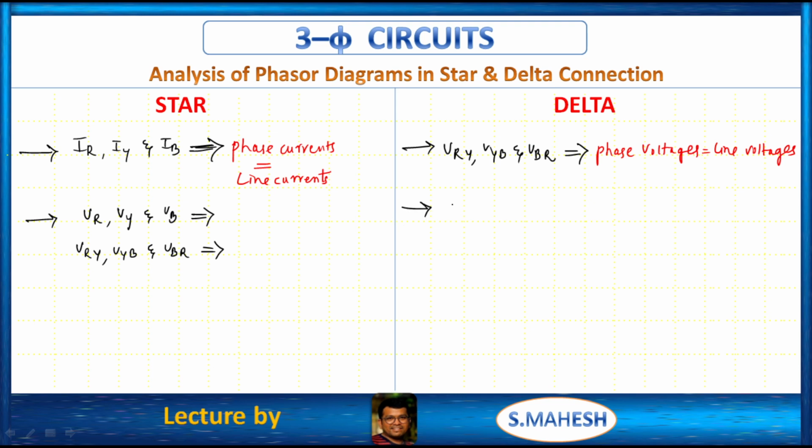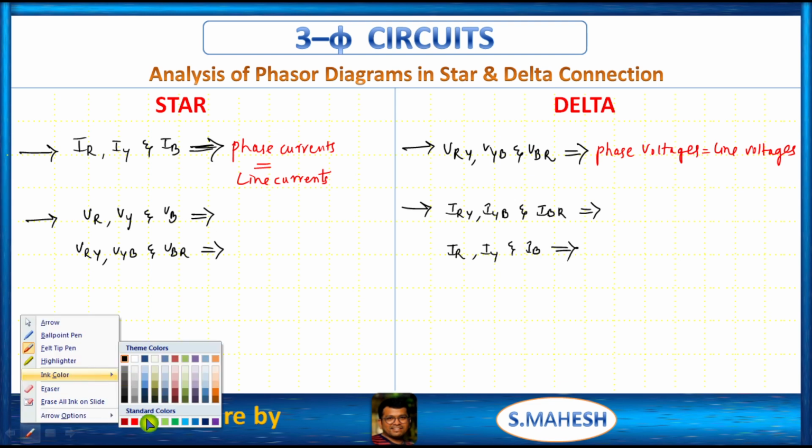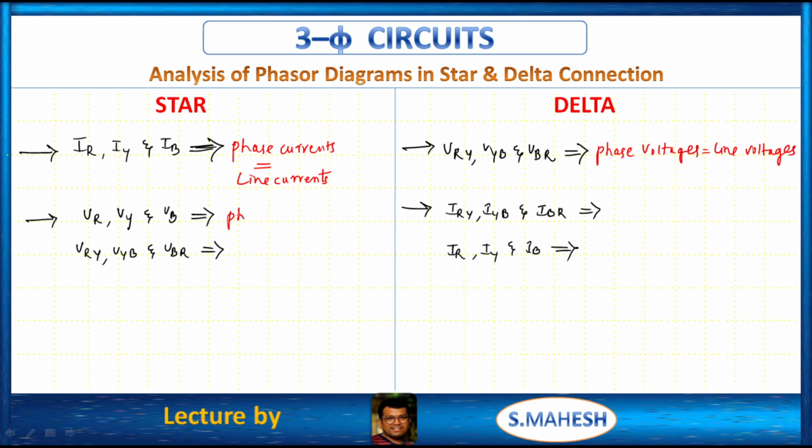In this case of delta, IRY, IYB and IBR are the phase currents, between R and Y. And IR, IY and IB are the line currents. That's it. Okay.